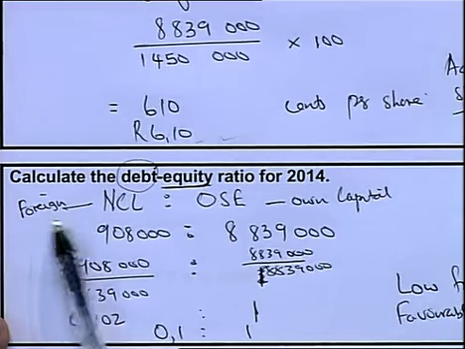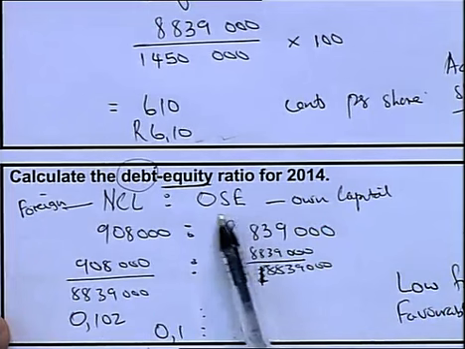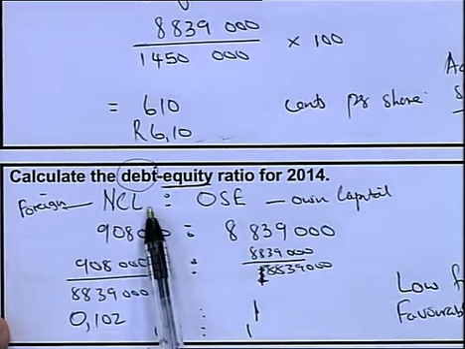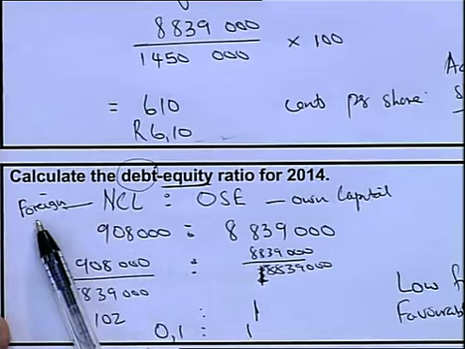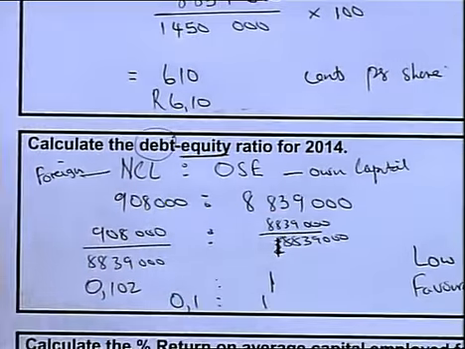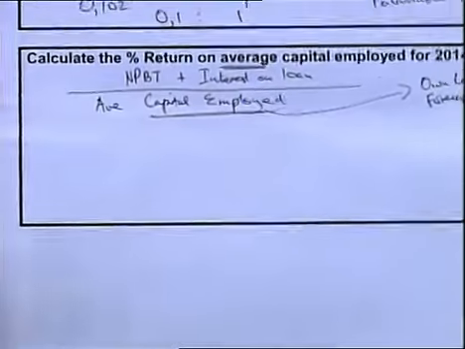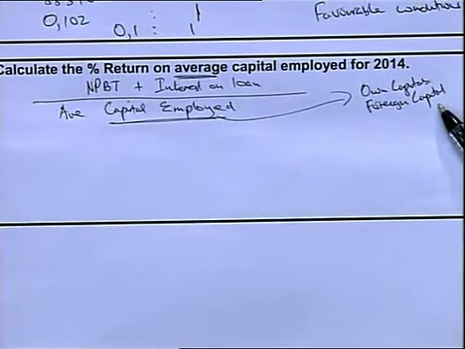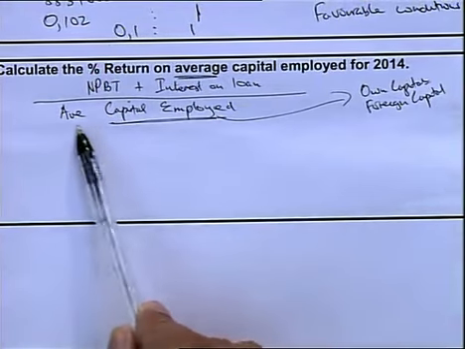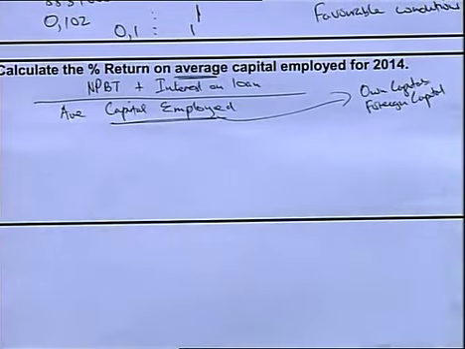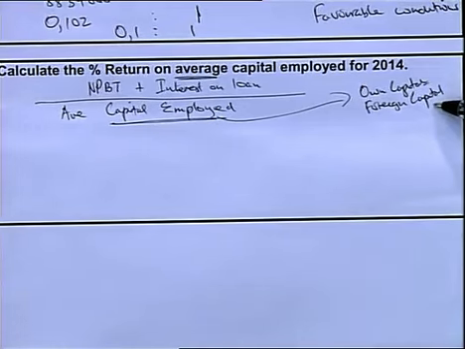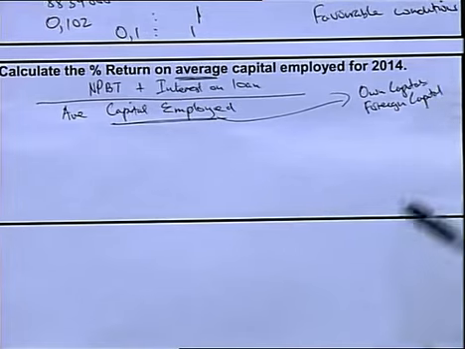Okay, let me repeat that. The owner's equity is our own capital and the non-current liabilities, that is our foreign capital. So when we do the return on capital employed, we're looking for own capital and foreign capital, but they're saying it's the average, so you should have the average of year 1 and year 2.